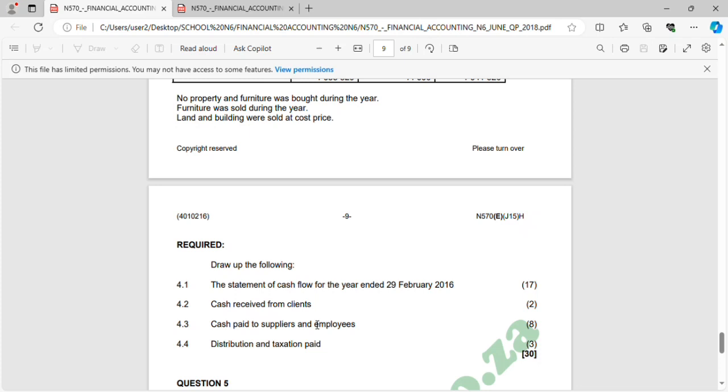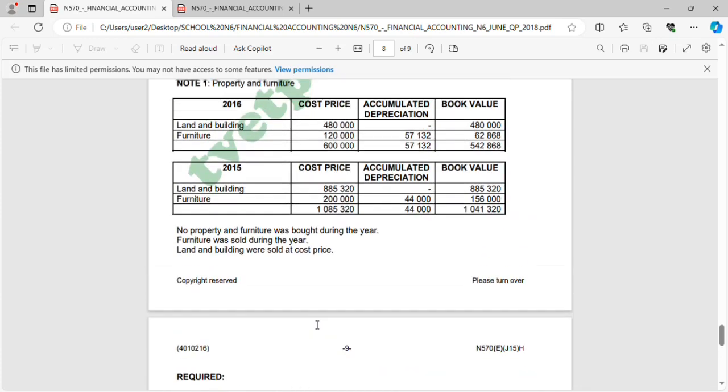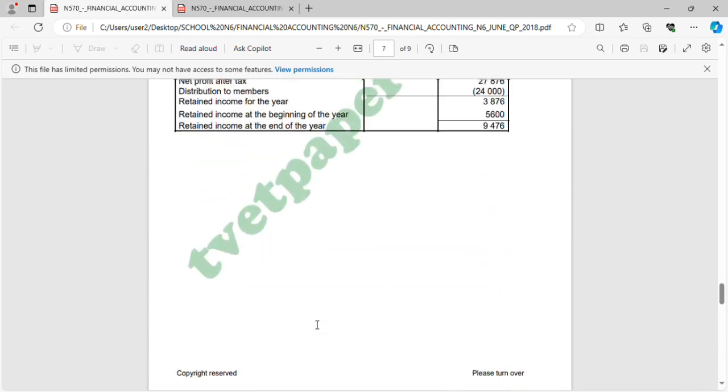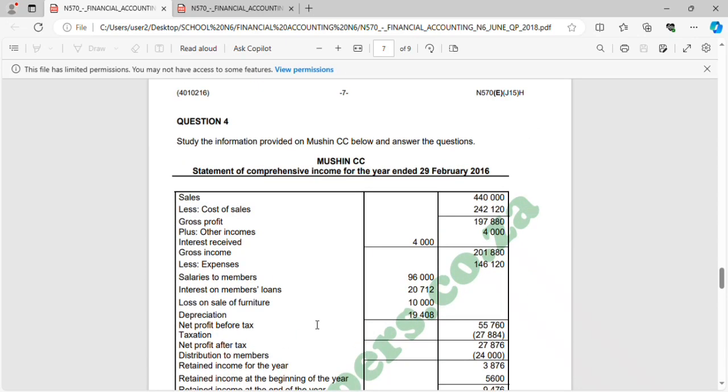So, family, today I will be doing the cash flow statement. I will start preparing the notes first, then I will go through the cash flow statement. If you check here, I have the question paper with me, and we have been given the statement of financial position and also the statement of comprehensive income.